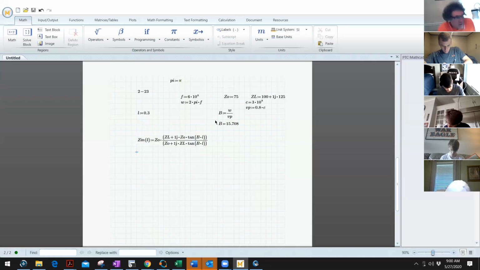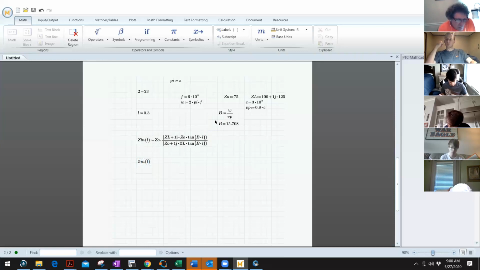And y'all can see that, right? So my Z in of L, capital Z in, its magnitude is this, and the argument or angle of Z in of L is that.